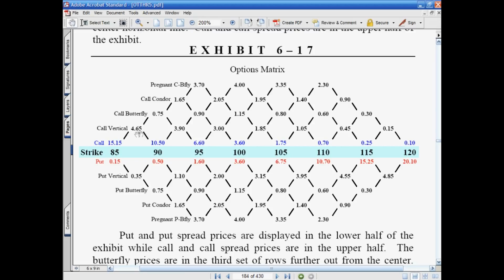But let's say that when the market goes up, and let's say it goes up $15, that spread that's 185 today will look pretty much like this call vertical that's already way in the money. This call spread is comprised of a call that's $15 in the money and the 90 call that's $10 in the money, and the difference between them is 465, and you have a hefty profit.